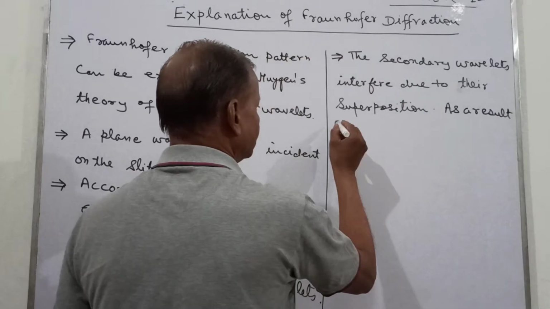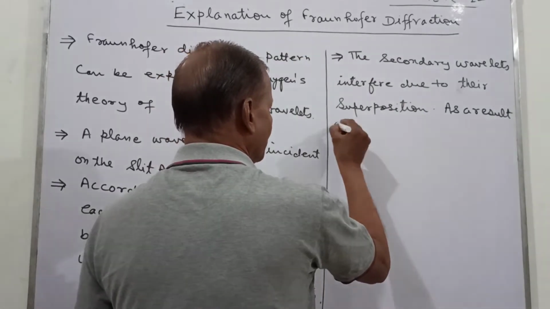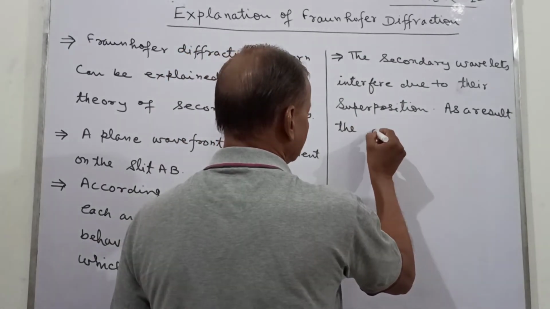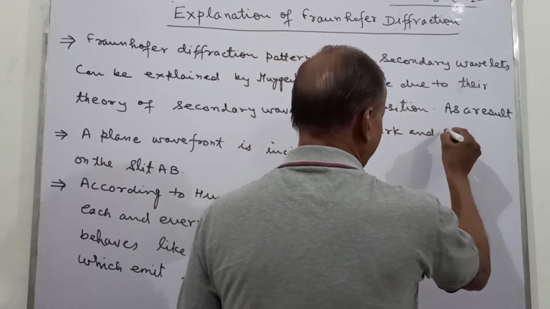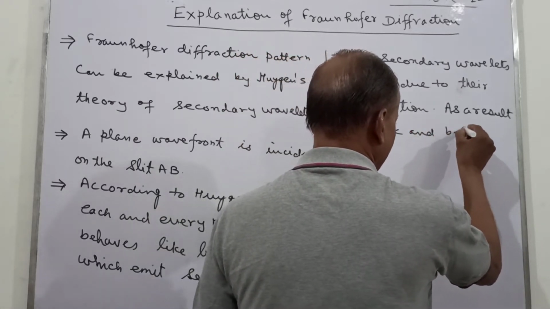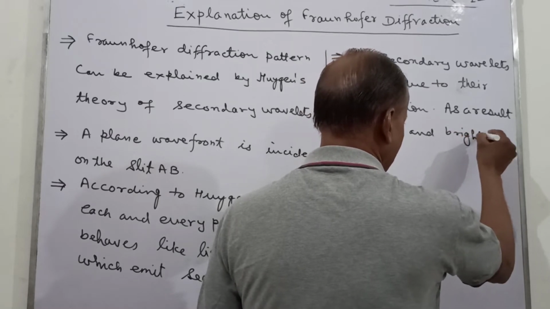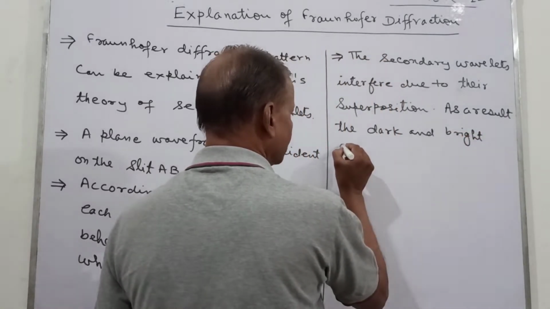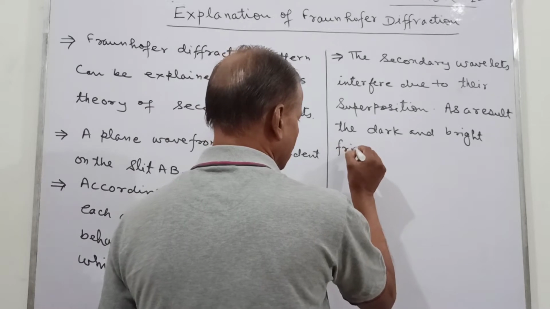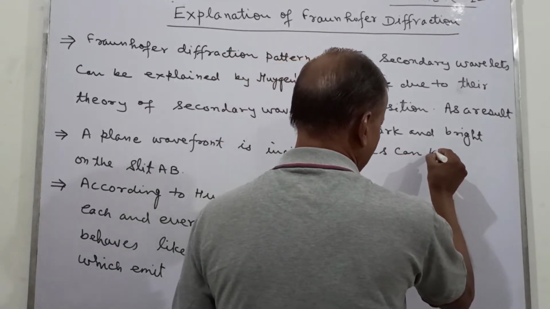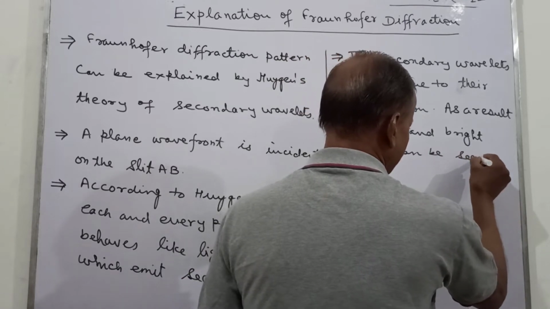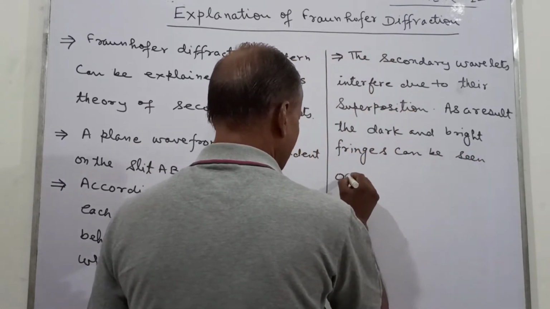As a result, the dark and bright fringes can be seen on the screen.